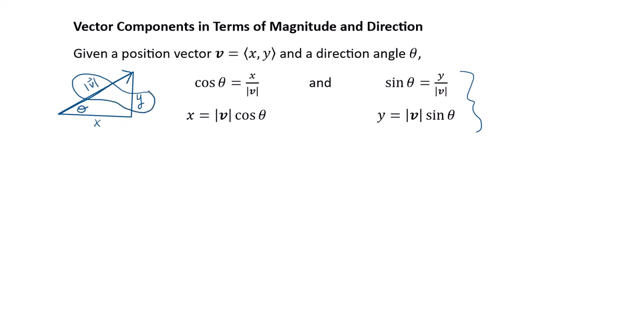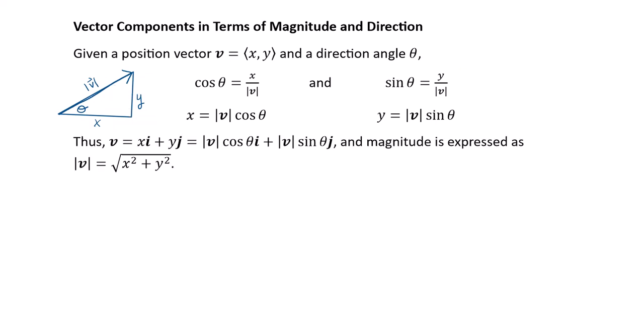So we have here that y is equal to the magnitude of the vector times the sine of theta. When we extend this understanding, we can see that vector v is equal to xi plus yj.